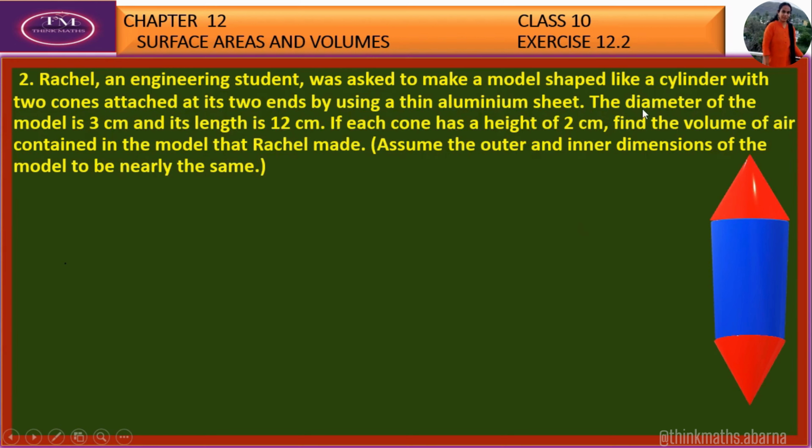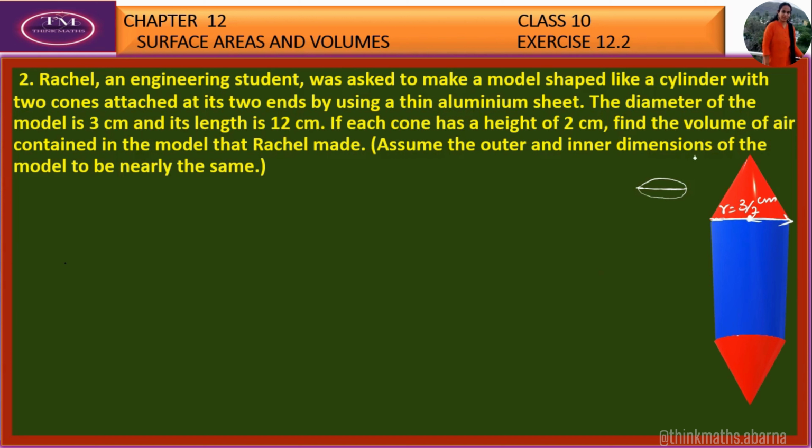Now what are the data given? The diameter of the model is 3 centimeter. That is this diameter. The base will have a circular shape, and its diameter D is 3 centimeter. So the radius will be 3 by 2 centimeter. So this part will be 3 by 2 centimeter.